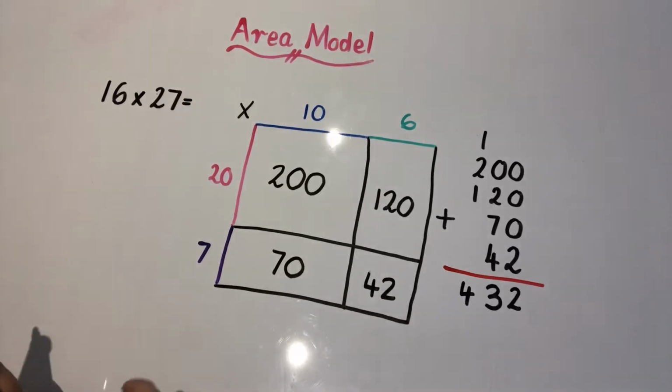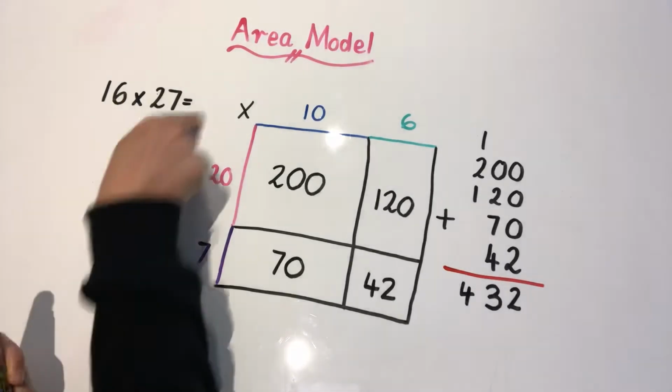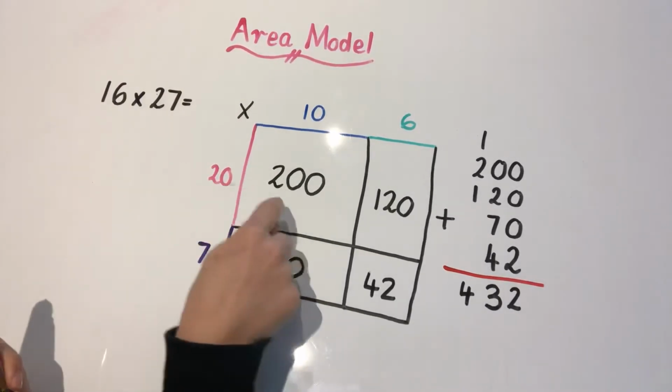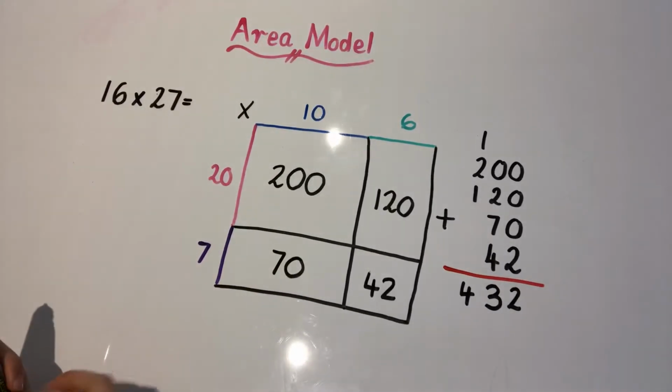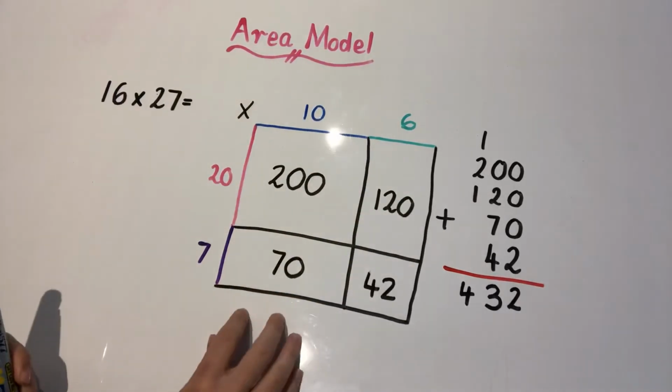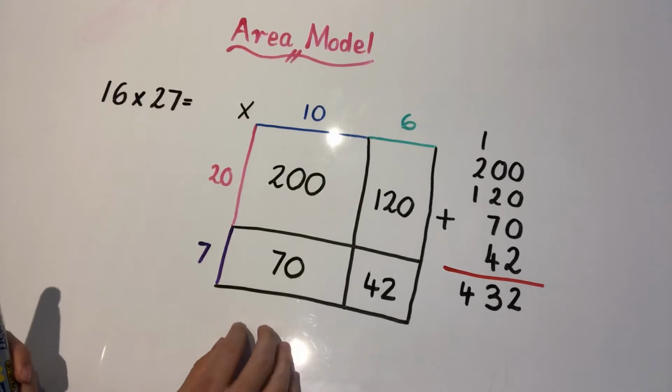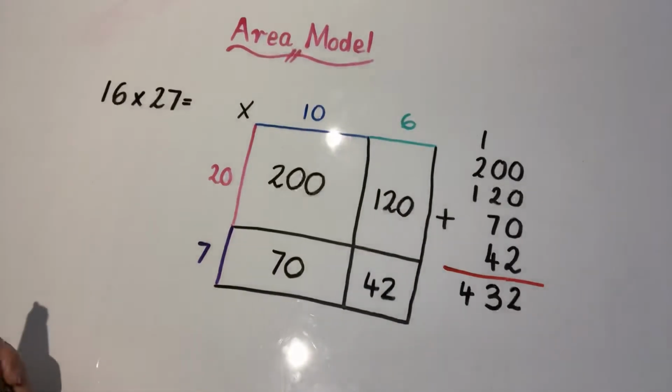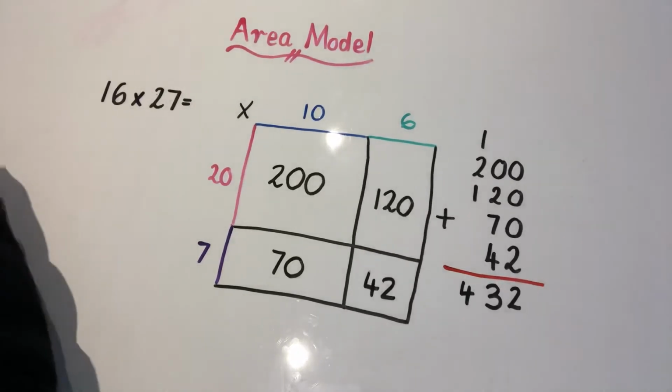It's a really good way because we're partitioning our problem into small parts to get our overall product. And we can clearly see here with our diagram, using this picture, all the parts that we need to solve. Let's try another one.